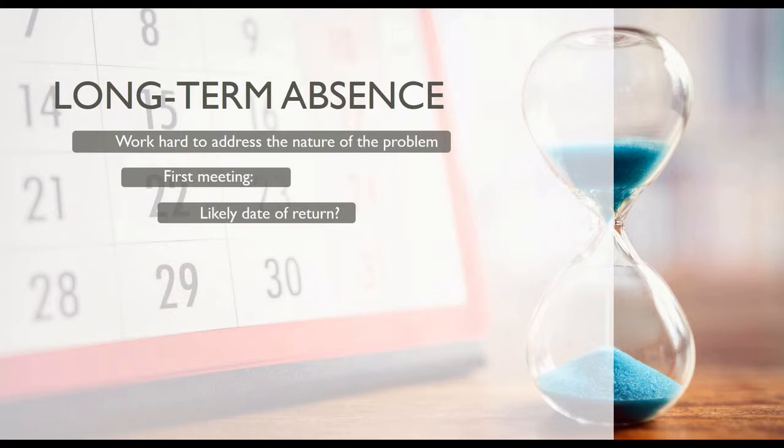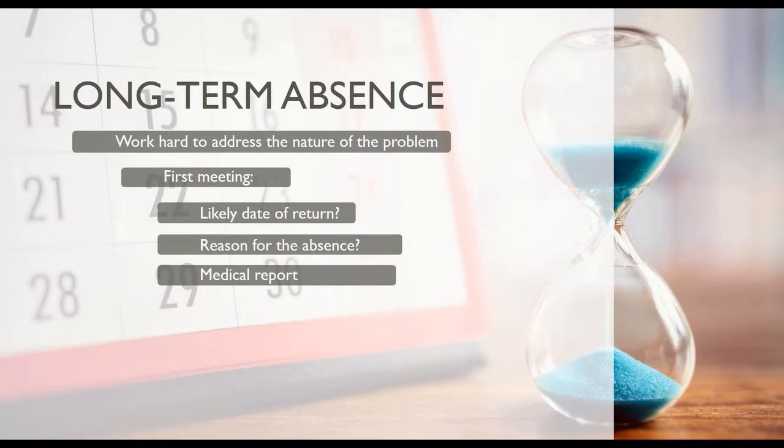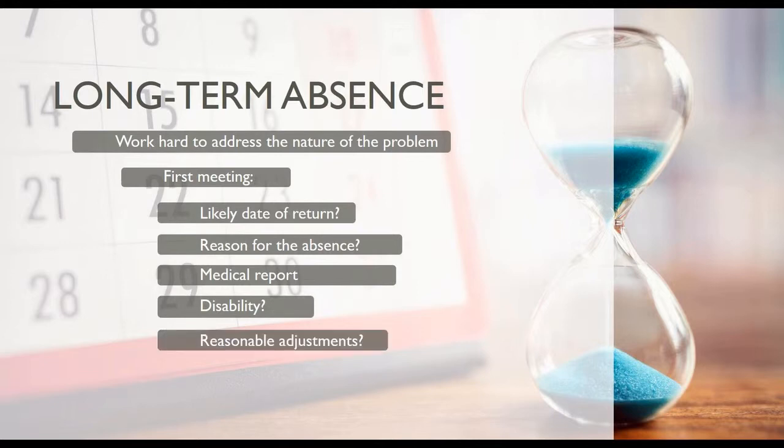So you are always looking at when the likely date of return might be, what is the reason for the absence, and in the long-term situation you are going to need to obtain a medical report to get a view on whether or not there is an underlying disability. And also you have a duty to make reasonable adjustments if so.